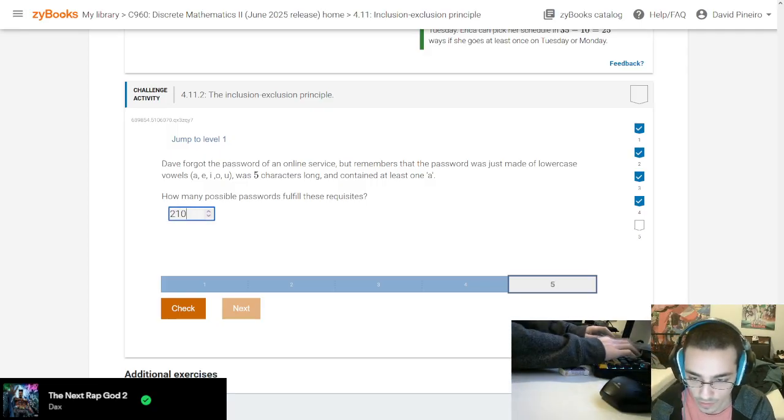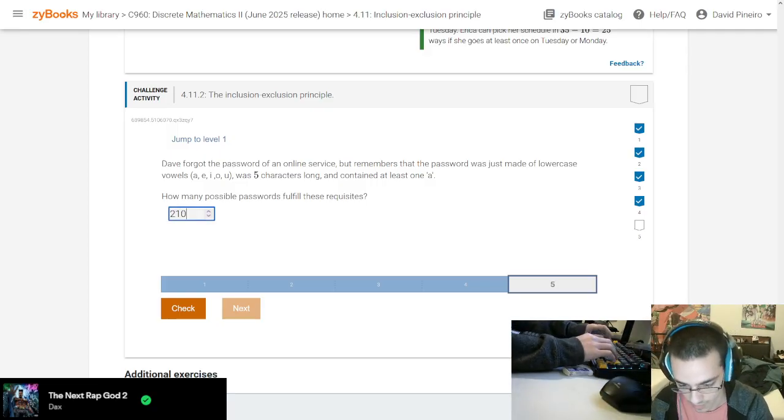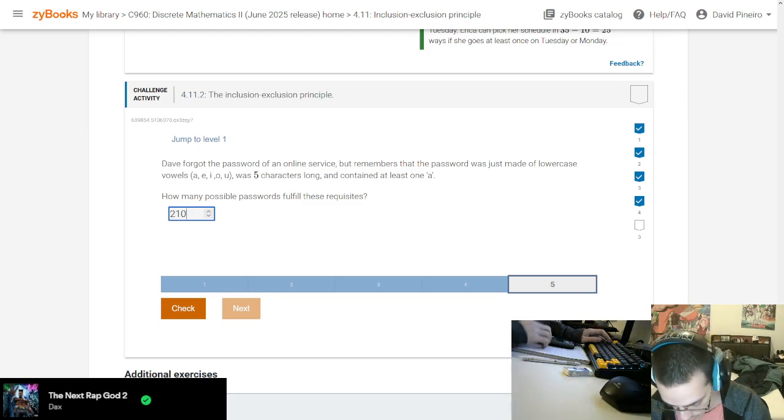Is this right? No, I got a fraction. How's that possible? That is not possible. How do you get a fraction? You're only multiplying. We're not dividing anything. Did I put this right?